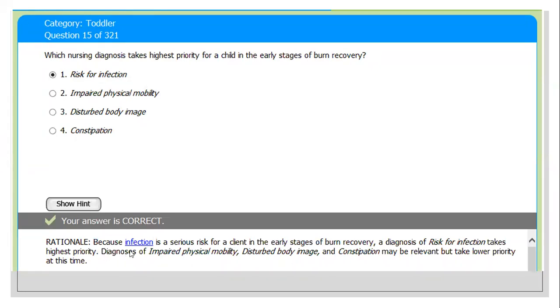The reference says, because infection is a serious risk for the client in the early stage of burn recovery, a diagnosis of risk for infection takes the highest priority. Impaired physical mobility, disturbed body image, or constipation may be relevant, but take lower priority at this time.